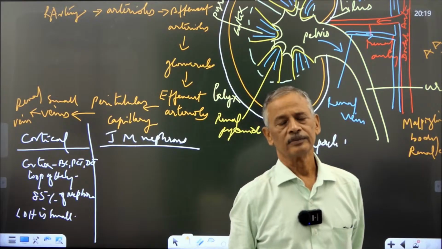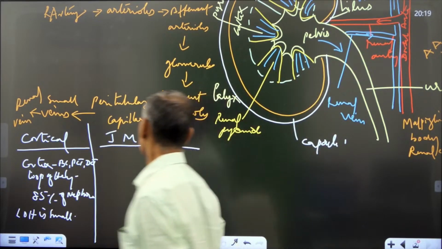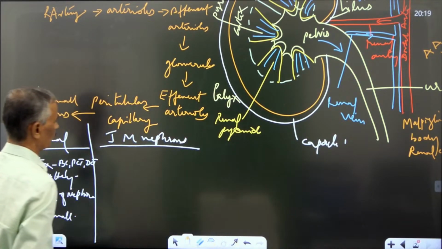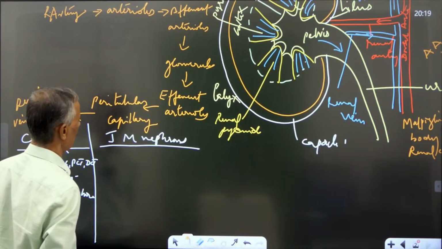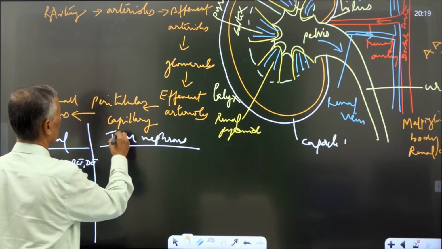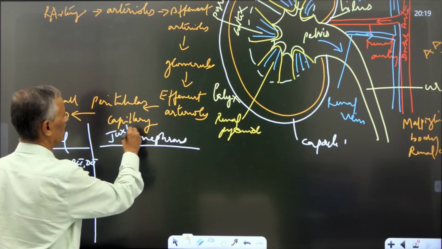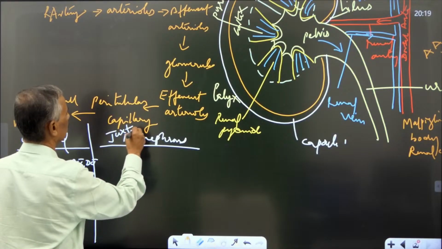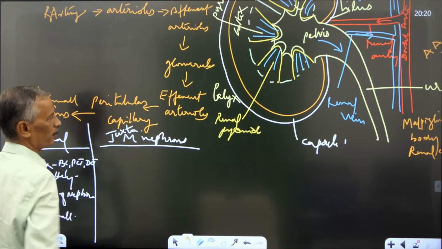Then juxtamedullary nephrons. What is the meaning of juxtamedullary? Juxta means lying closely, close to the medulla.